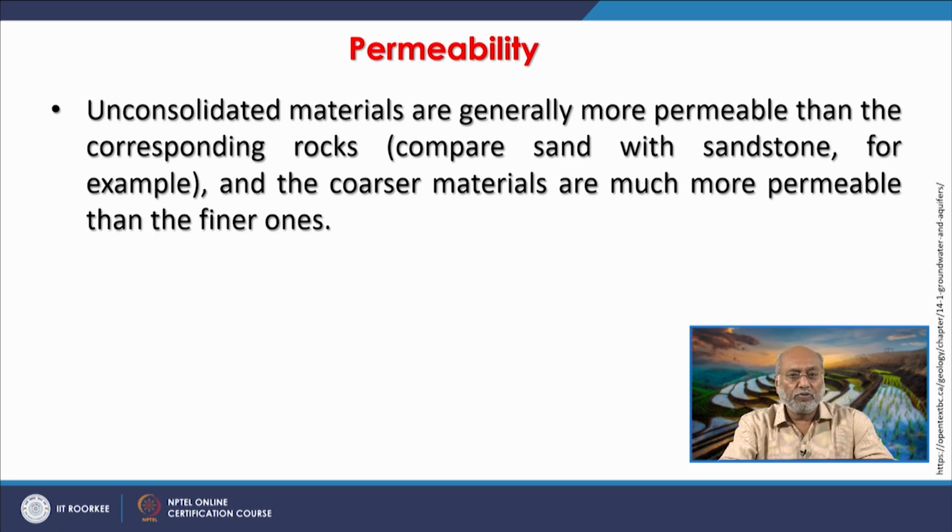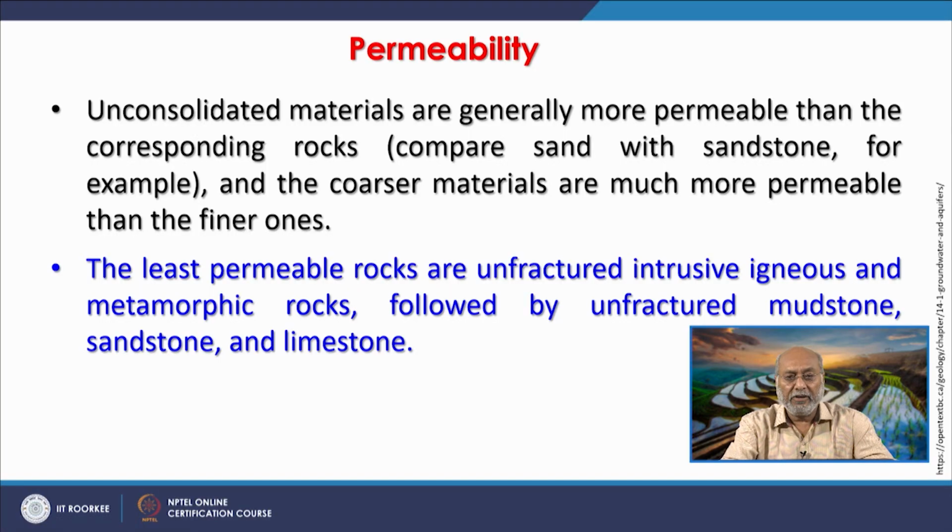Compare sand with sandstone: sand is a loose unconsolidated material, sandstone is consolidated. Similarly, coarser materials are much more permeable than finer ones, and the least permeable rocks are unfractured intrusive igneous and metamorphic rocks, which cool down very slowly and are really solid, without vesicles or pore spaces, and therefore may not have much weathering or fractures, so they are poorly permeable rocks.